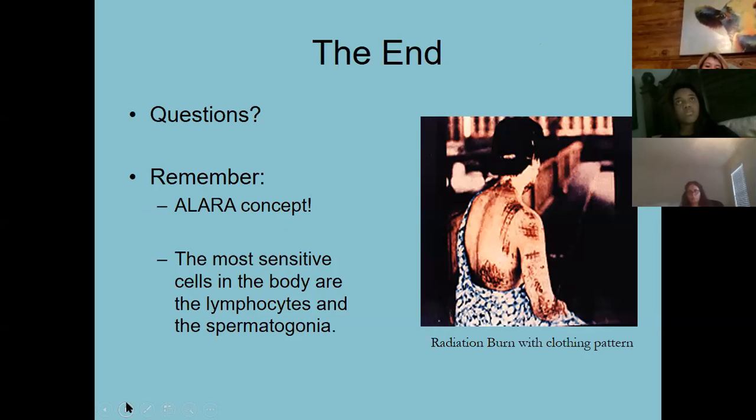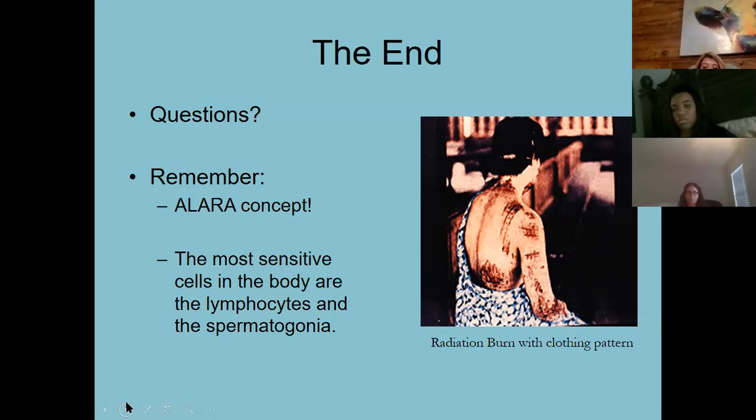So we know that radiation is harmful. We know that radiation can cause a loss of function in many different tissues and organs. So we've looked at a few. We looked at effects on the skin, on the reproductive organs. We looked at the effects of irradiation on the immune response, on the blood, on the chromosomes.